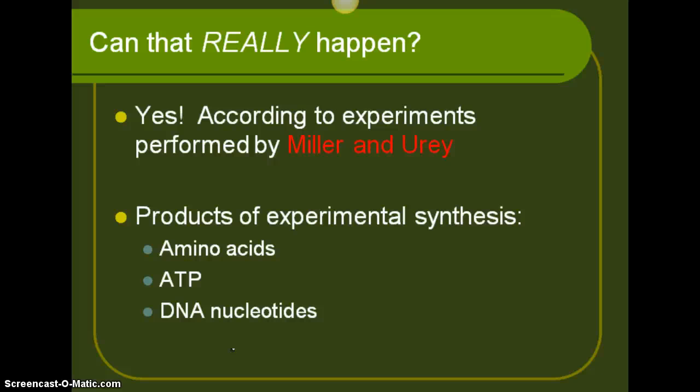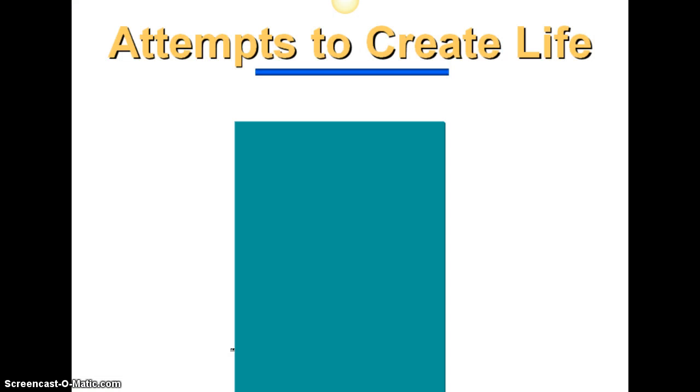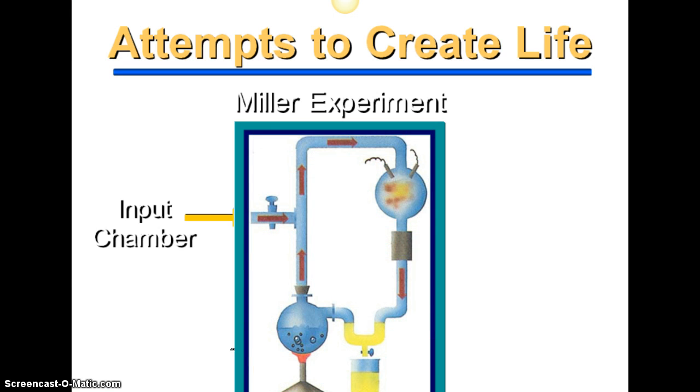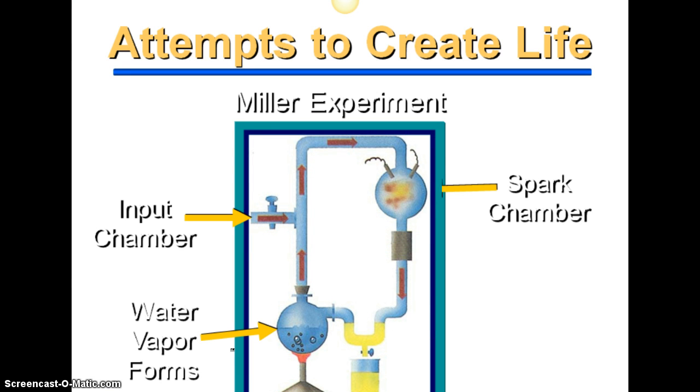Now from there, those are just things that are needed for life. From there, they can't actually make that next step, the actual life forms. So can it happen up to that final step? Yes. And here's their experiment.